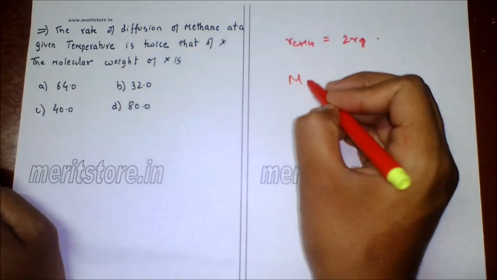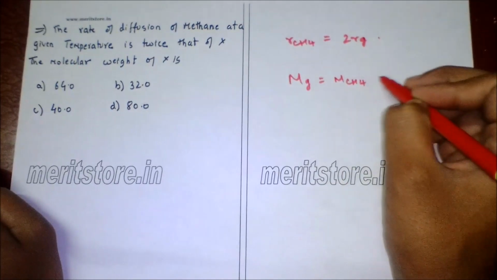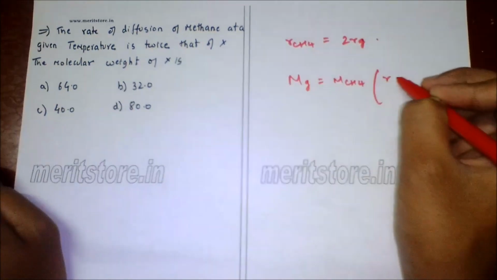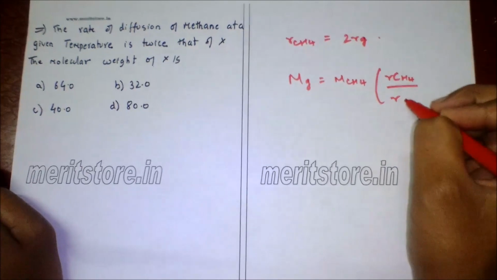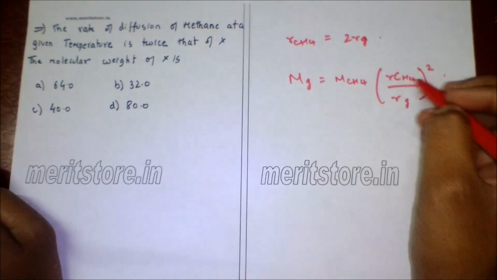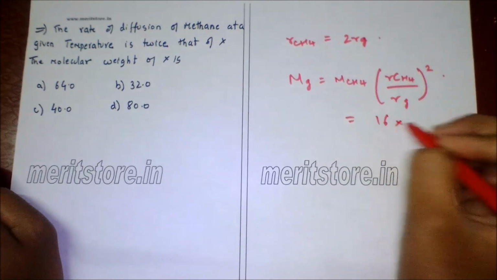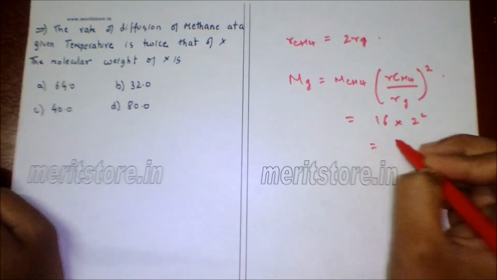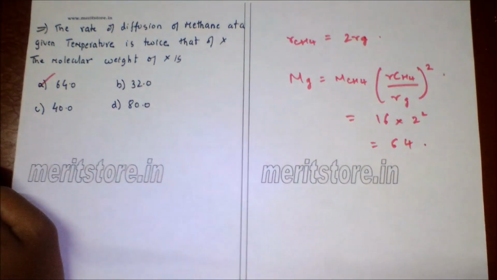So mass of gas is equal to molecular weight of methane into (R of methane / R of gas) square. So the rate of diffusion is twice, we know, so 16 into 2 square is equal to 64. So option A is the correct answer.